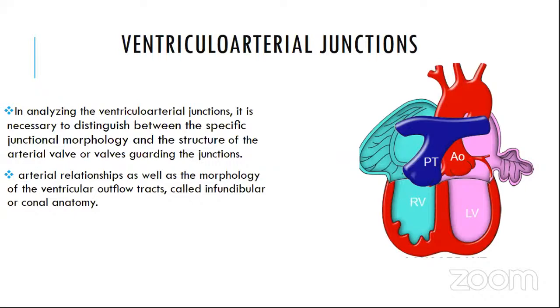Coming to ventriculo-arterial junctions, in analyzing the ventriculo-arterial junction, it is necessary to distinguish between the specific junctional morphology and the structure of the arterial valve or valves guarding the junction, atrial relationships, as well as the morphology of ventricular outflow tracts, called infundibular or conal anatomy.